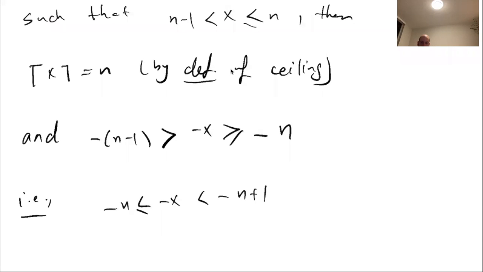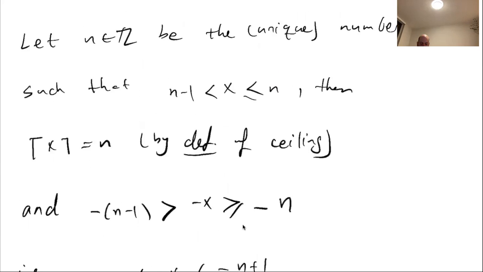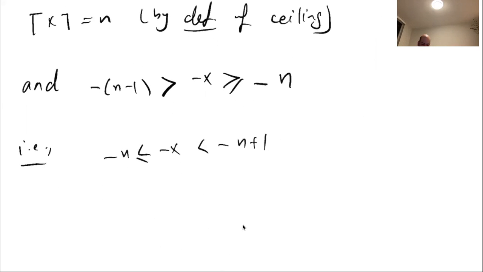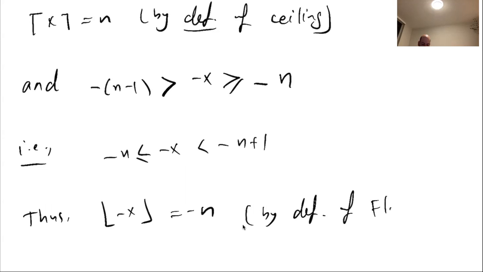I can also write this inequality this way, right? It doesn't matter if you say 5 is bigger than 2, or you say 2 is less than 5. So, of course, I can write minus n less than or equal to minus x less than minus n plus 1. Minus bracket n minus 1 is minus n plus 1, which is what I wrote here. And the floor of minus x is what? Thus, floor of minus x equals minus n. Again, by the definition of floor.